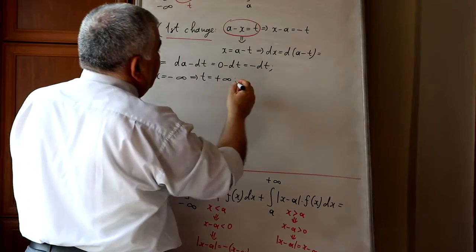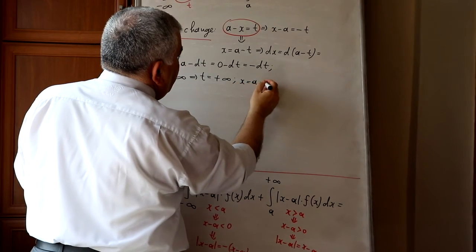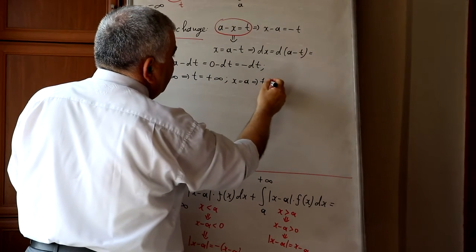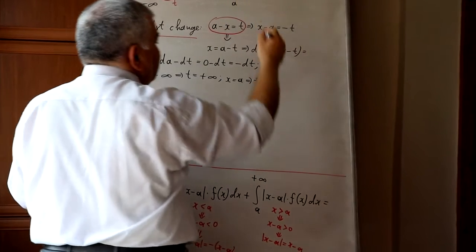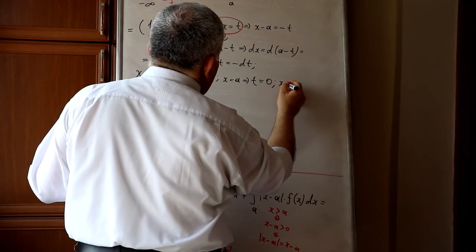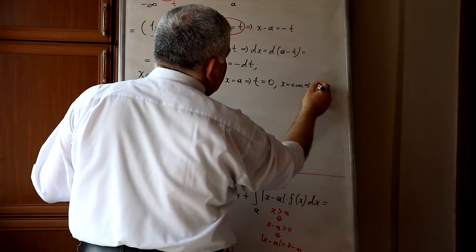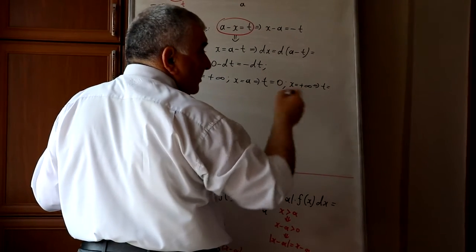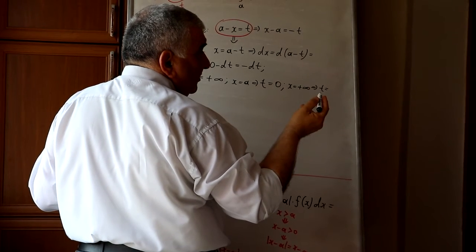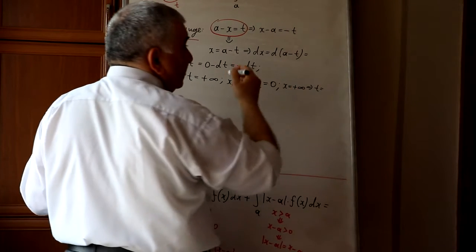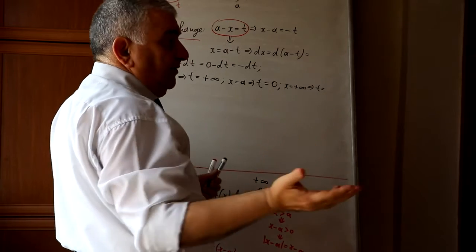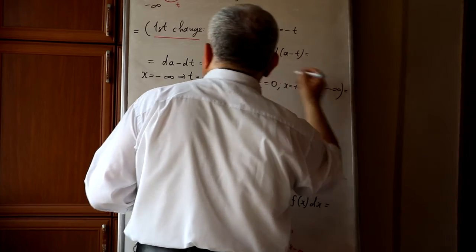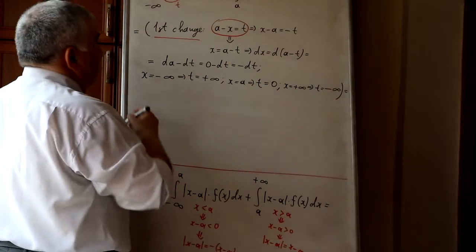Then if x is a, then if we substitute a instead of x, we will obtain a minus a is 0, t is 0. And finally, if x is plus infinity, then t is, substituting plus infinity instead of x, a minus infinity, just a, t is minus infinity, because if we add the constant value to minus infinity, then we will obtain minus infinity. Here our change ended.